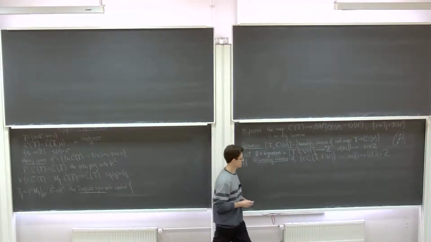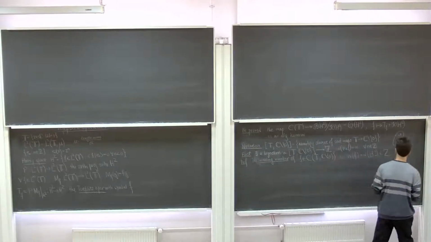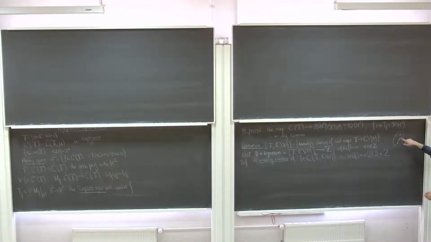So geometrically, this is the number of rotations of the respective loop about 0.